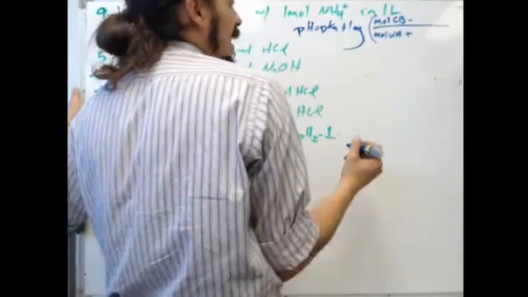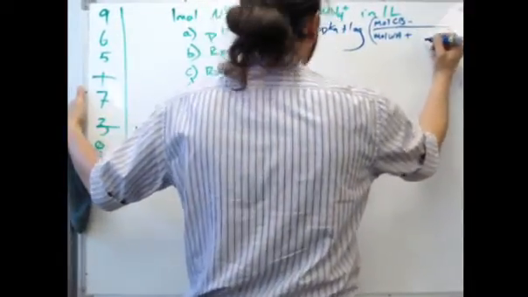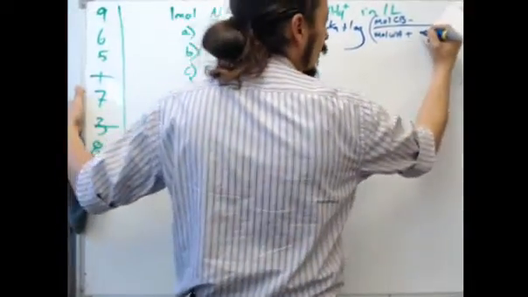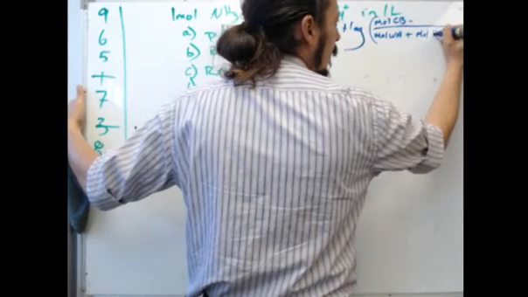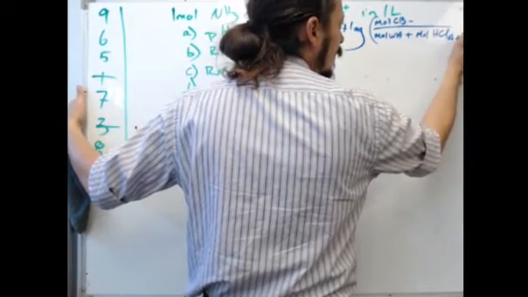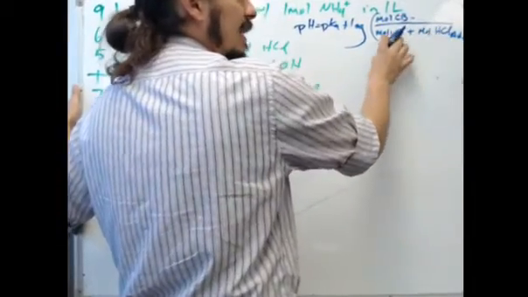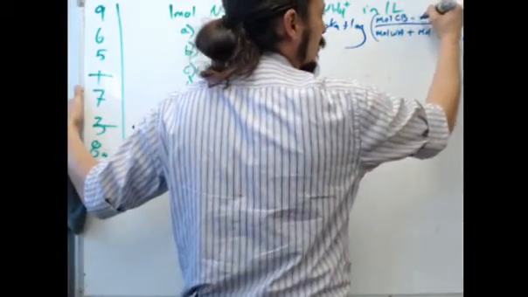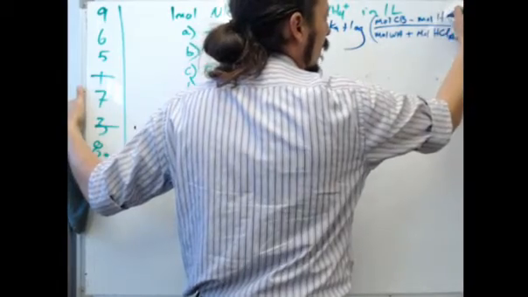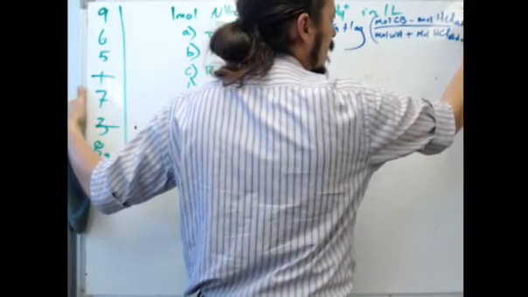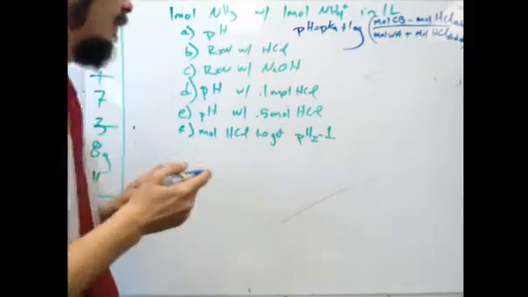And then we have to be careful. Plus, I'll do moles of HCl first, plus the moles of HCl we add. If we're adding acid, we increase the amount of weak acid and we subtract the moles of conjugate base.